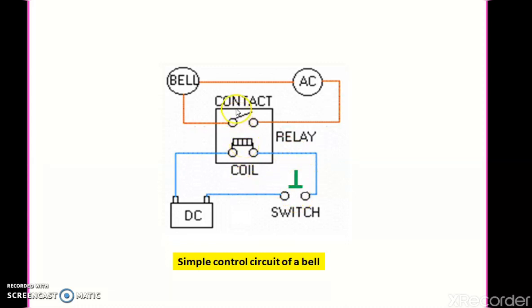It will attract this contact, it will get closed and the bell will run. Means without making any contact between this switch and the circuit, we can start that circuit. This part is called a relay. It is an electromagnetic device.